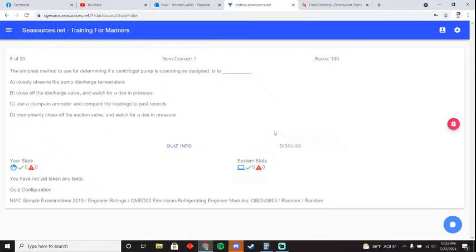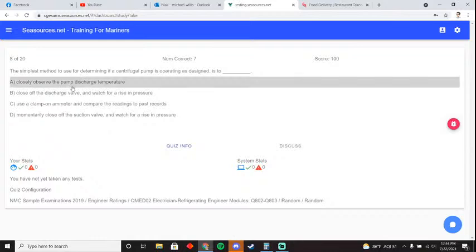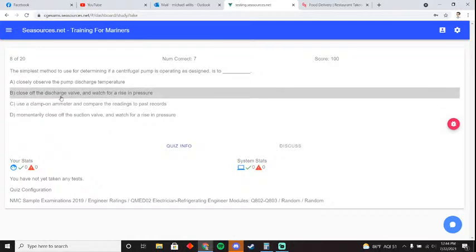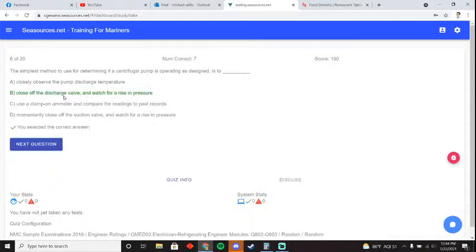So the way that you check if it's spinning right, if it's spinning clockwise instead of counterclockwise, is you close off the discharge valve and watch for a rise in pressure. That's what you do.